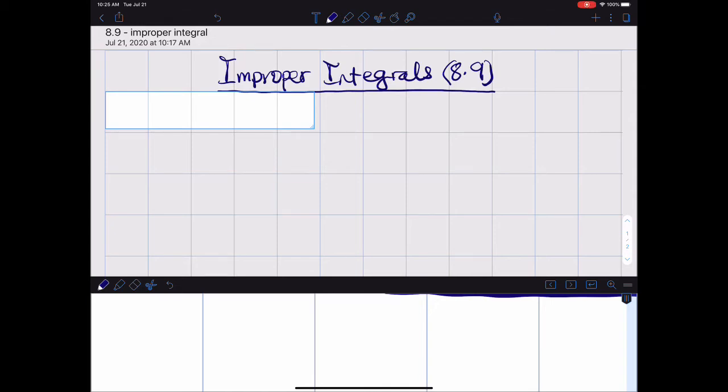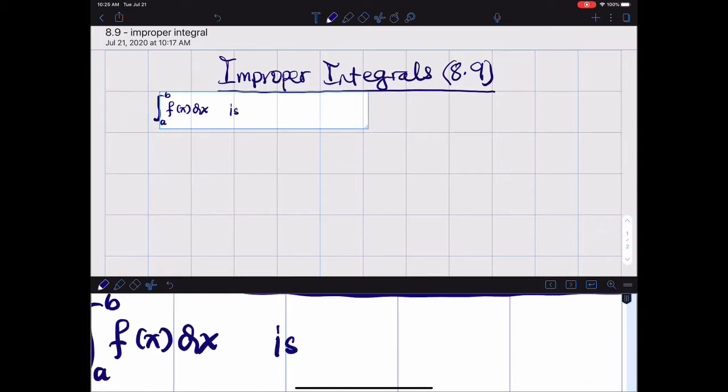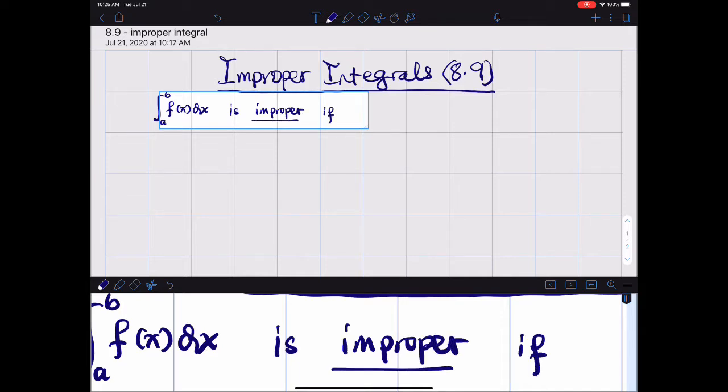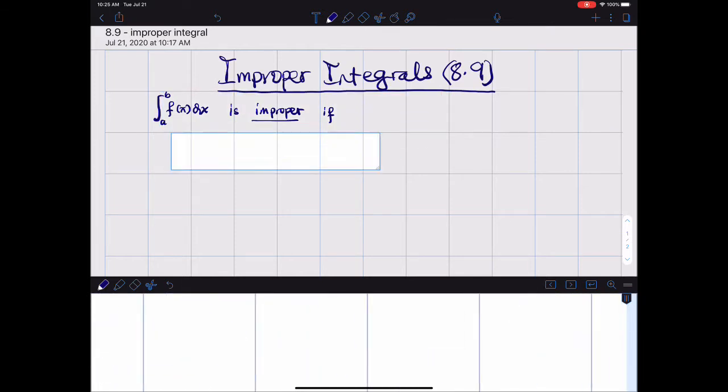The definite integral from a to b of f of x dx is called an improper integral if at least one of the following is true.